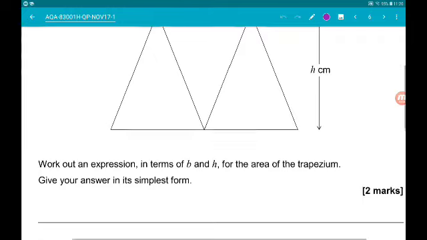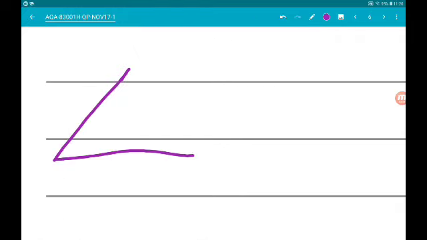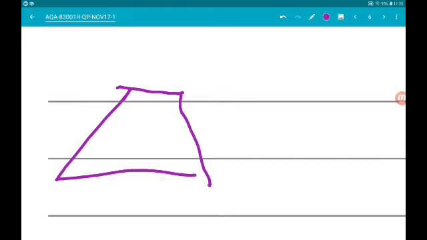So, this is one that we need to know, the area of a trapezium. So, if you haven't yet, check out my formula video down below, where you can also get a PDF copy of my formula sheet that you can print off and stuff.